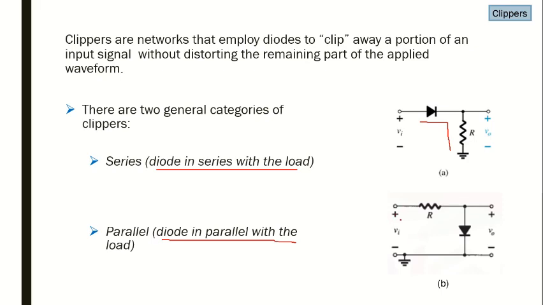For the positive half cycle, the diode will be forward biased, but for the negative half cycle, this will be positive and this will be negative, so the diode is reverse biased. So it depends on the network whether the positive signal or the negative signal will be clipped.